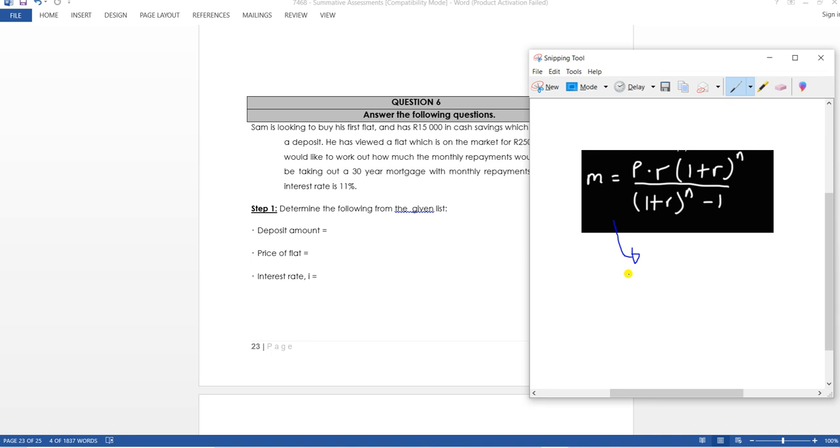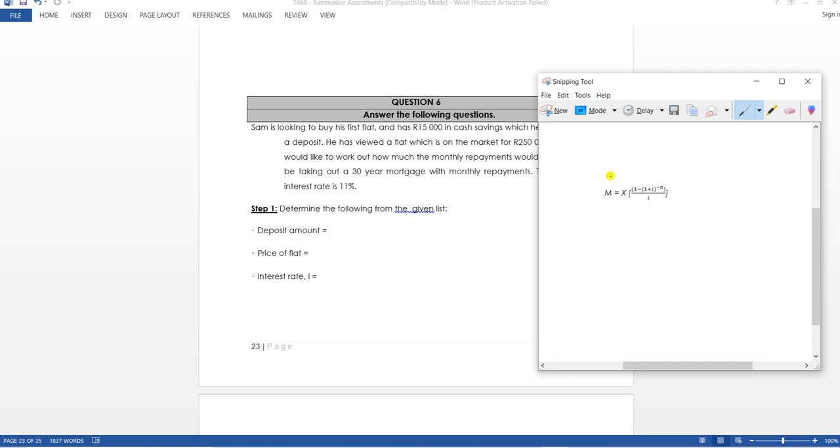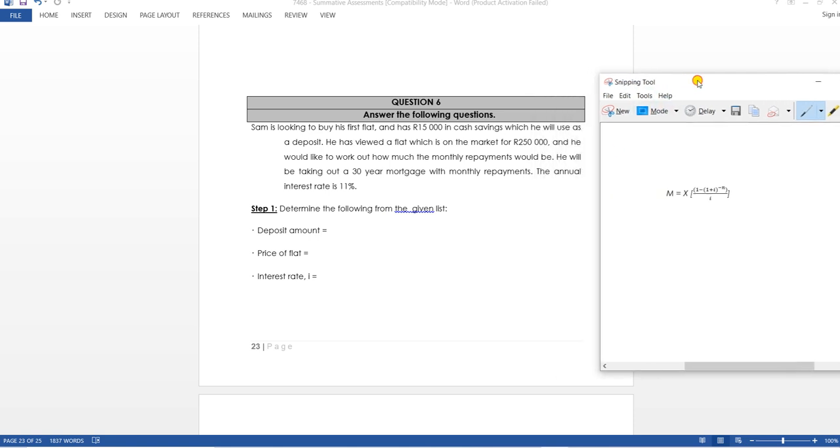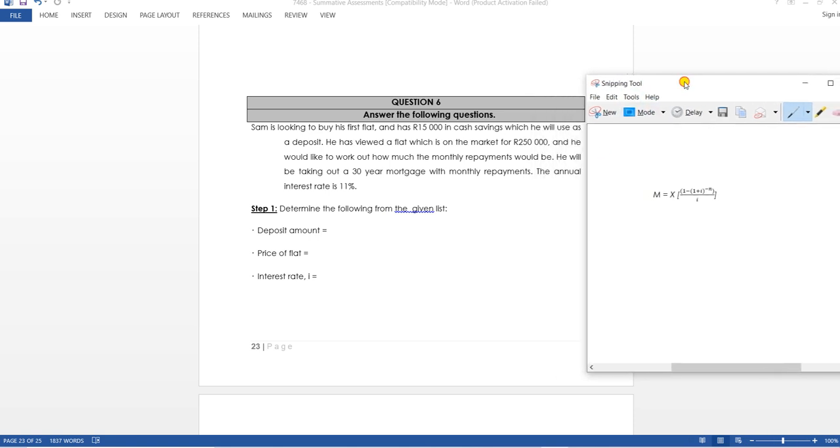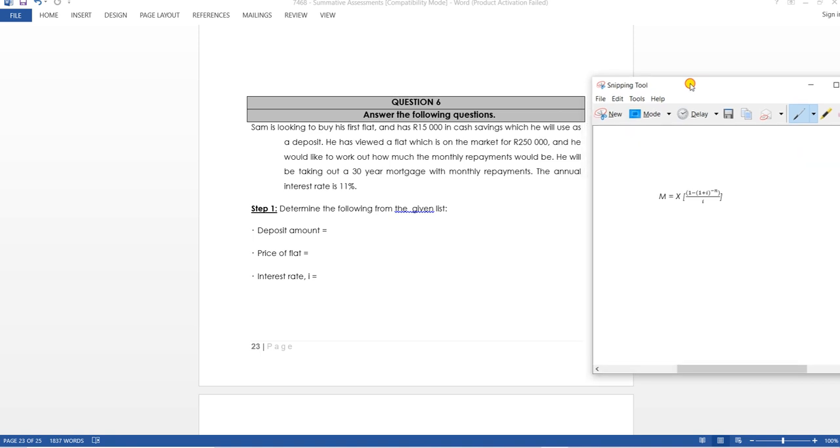So you need to determine the deposit amount. You need to find the deposit amount, for which you will use this formula. So for step 1, you need to determine the deposit amount as per the given instruction. So this is the deposit amount. He wants to deposit 15,000.